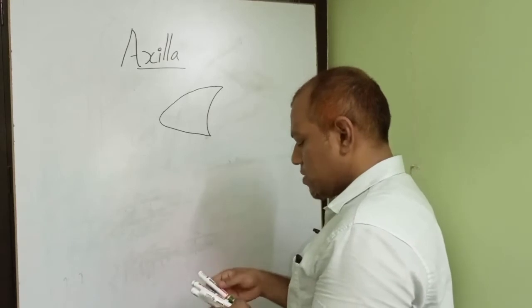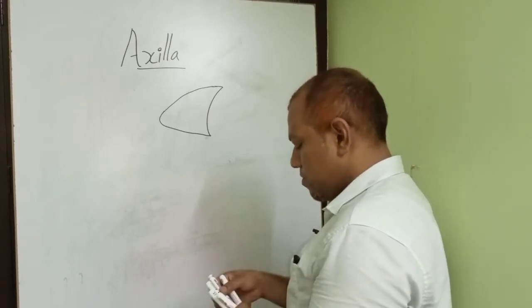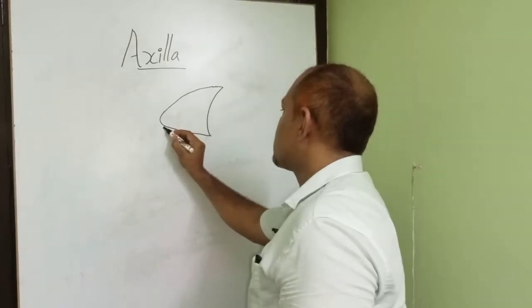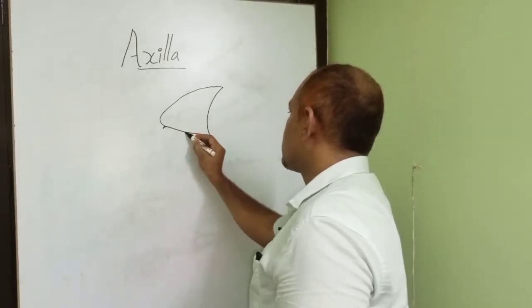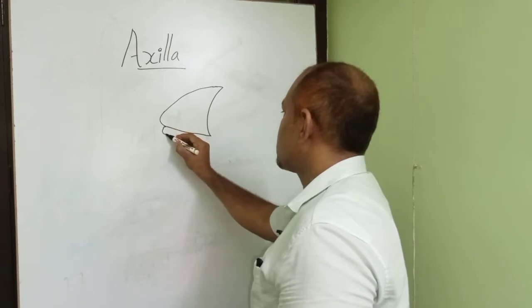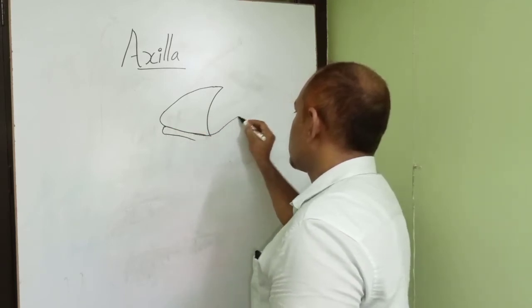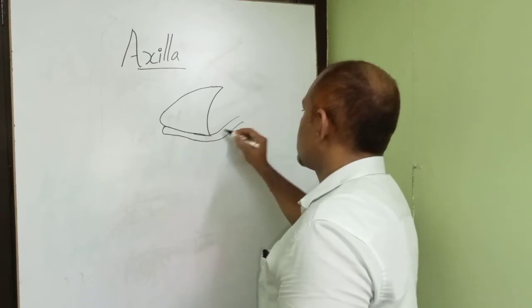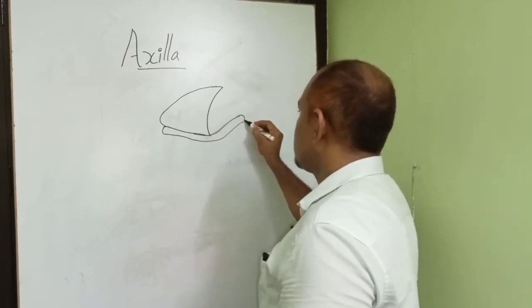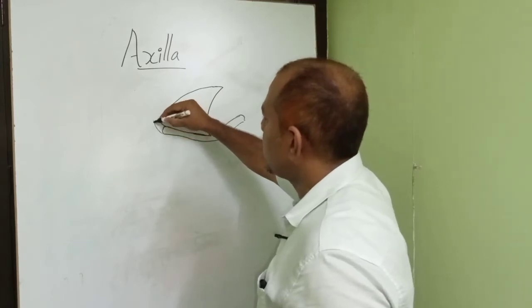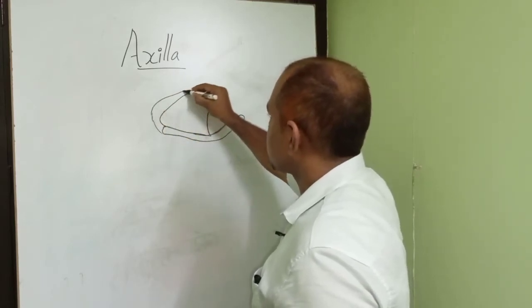So how the clavicle is forming that, now I will show. So this is the clavicle, and posteriorly we can identify it is formed by the scapula.